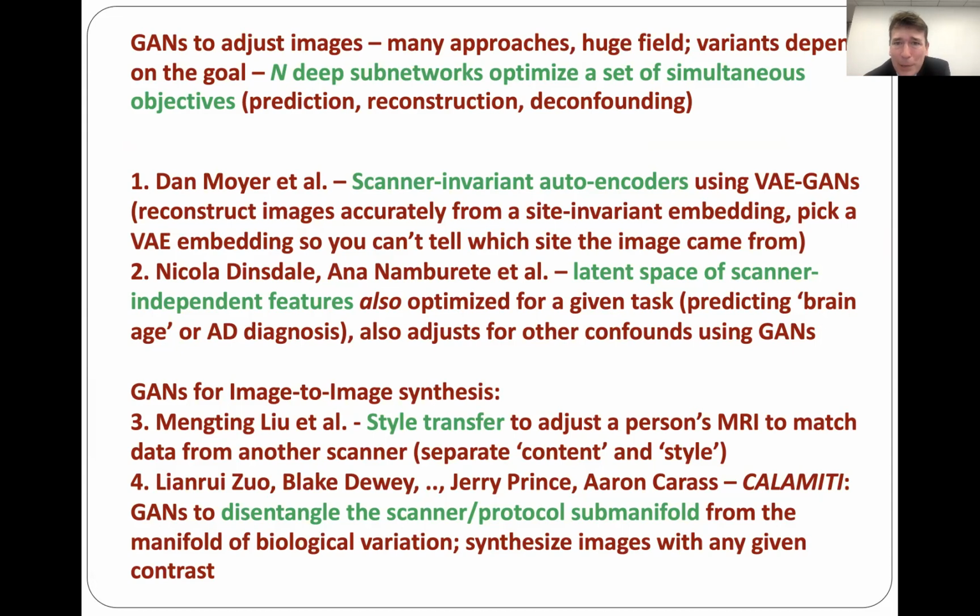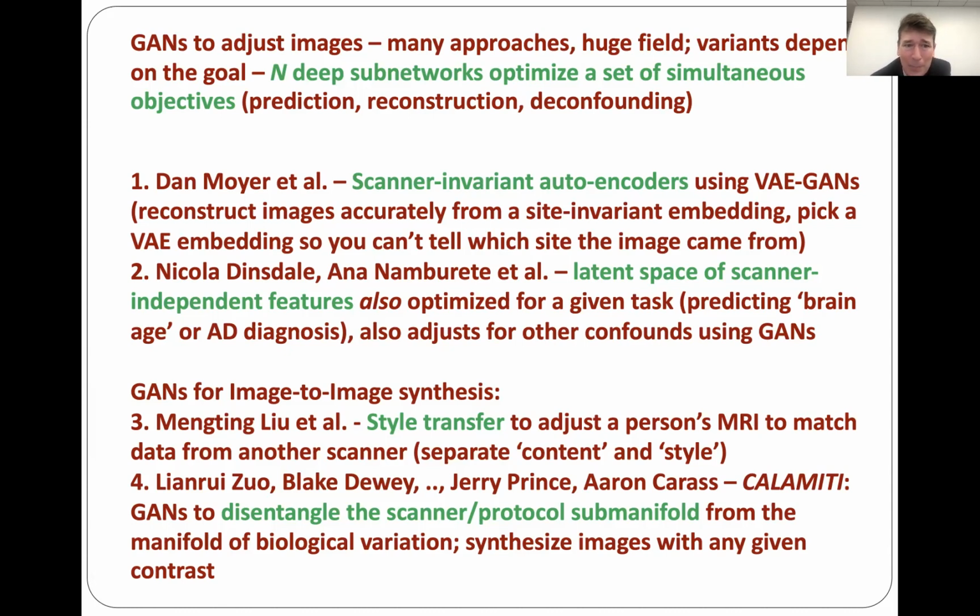It might be an image reconstruction task, but also include deconfounding. So Dan Moyer and colleagues have been using scanner invariant autoencoders to embed the relevant data for a task into latent space, and then just use features in the latent space where an adversary causes this latent space to be constructed in a way where you can't tell which site the data is coming from.